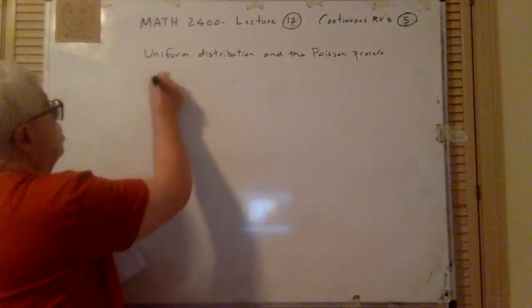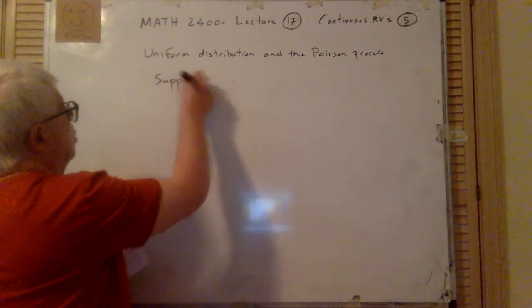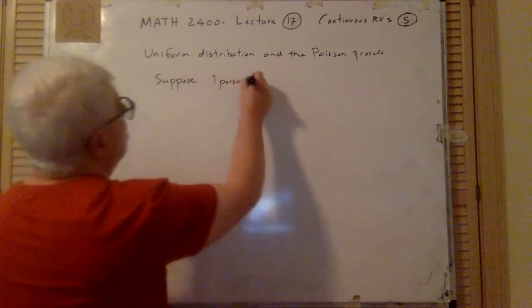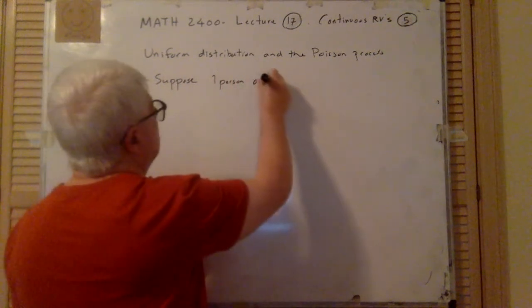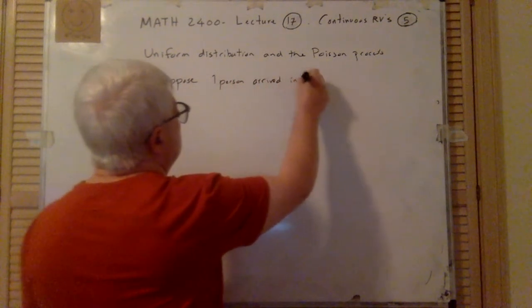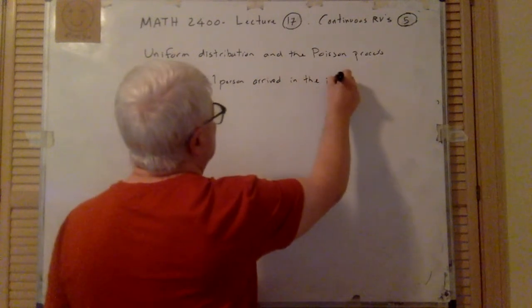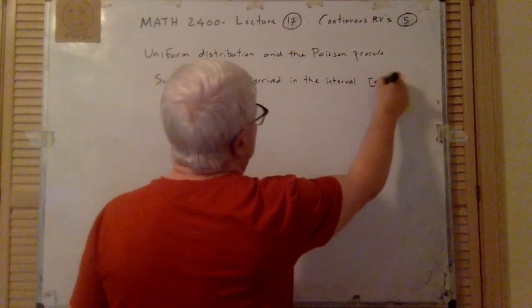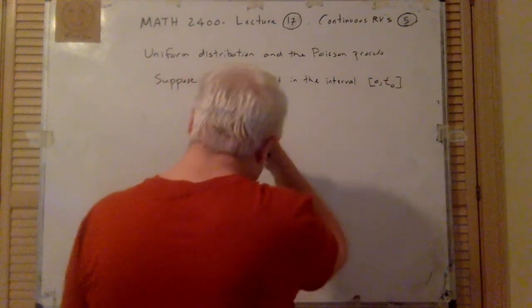So suppose one person arrived in the interval 0 to t0, say, okay?